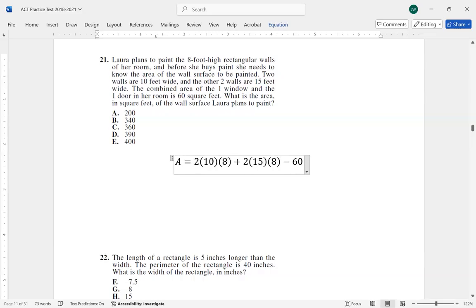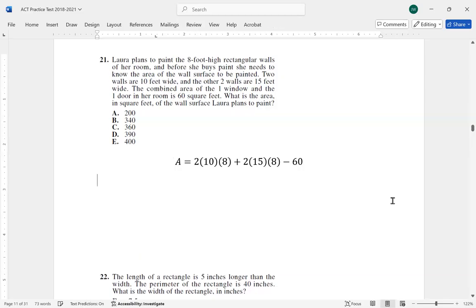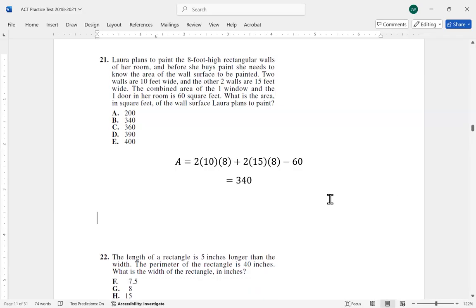So the area is 2 times 10 times 8 plus 2 times 15 times 8 minus 60. When you type that into your calculator, it comes out to 340 square feet. So 340 is the correct answer to question 21, and that is option B.